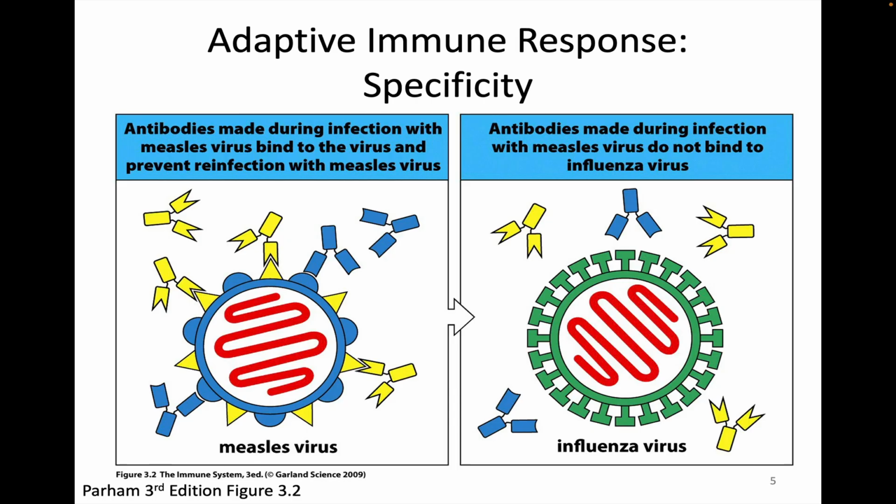You can see a slide talking a little bit about specificity here, that adaptive immune molecules like the antibodies that are Y-shaped proteins shown here will bind to one microbe specifically and not to another microbe. Here you can see measles versus influenza, showing this adaptive immune principle of specificity.